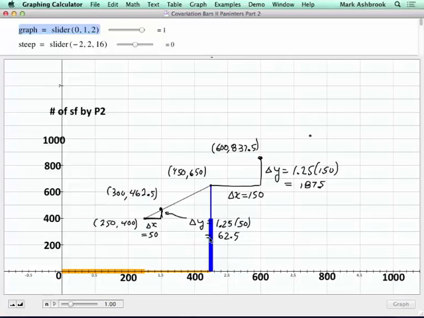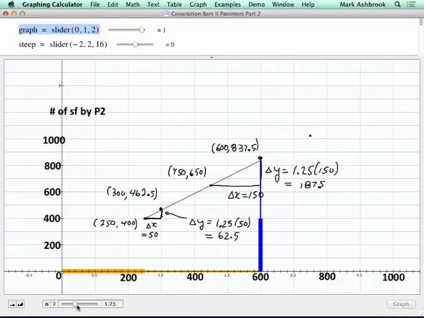So let's watch it happen. Ready? Here it goes. As painter 1 paints another additional 150, painter 2 paints an additional 187.5. So now the combined totals are 600 for painter 1, 837.5 square feet for painter 2.